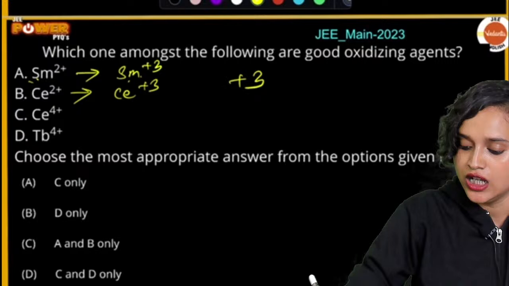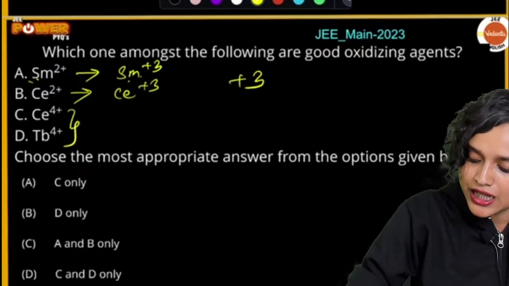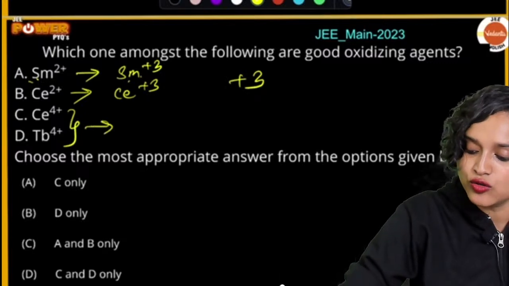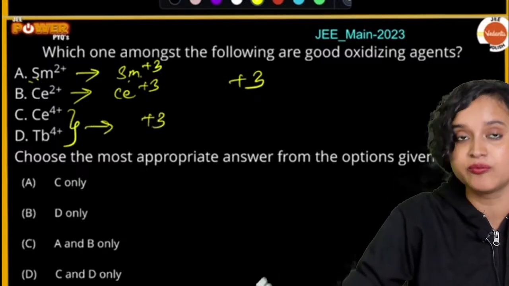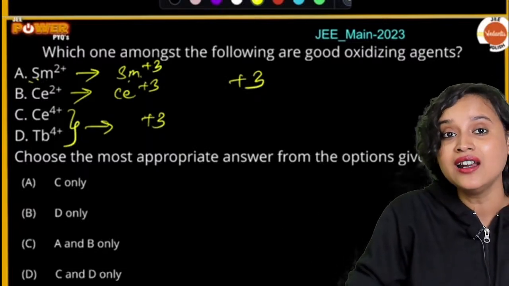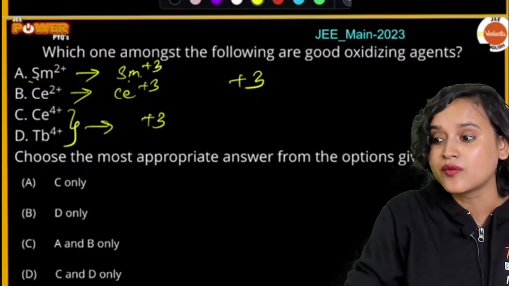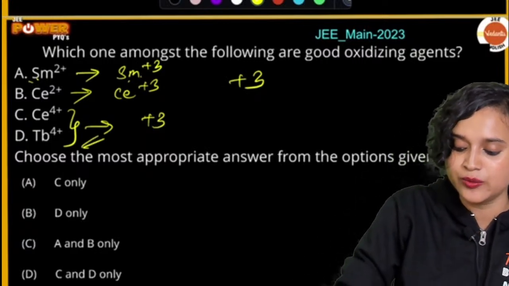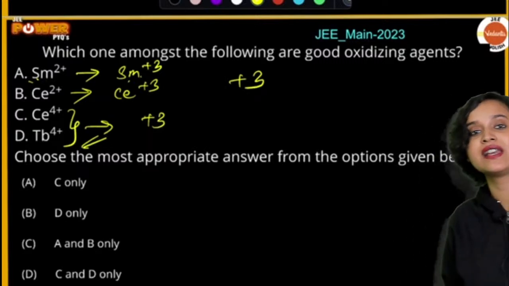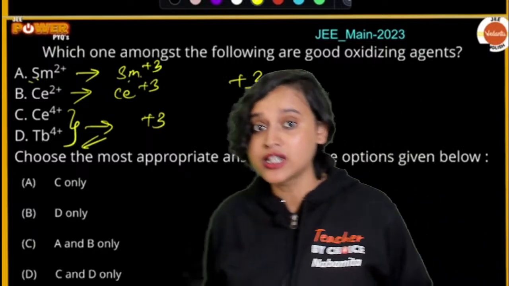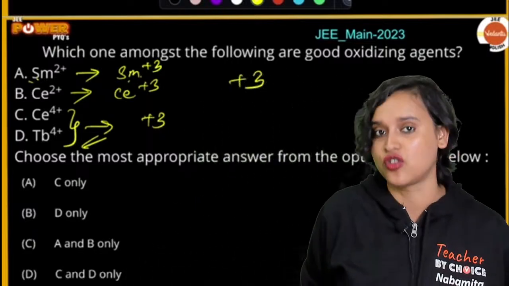Not gonna work out. But for both Ce +4 and terbium +4, these two will try to go to the common oxidation state of +3, and while doing that, these two are going to be better oxidizing agents. Because they are gaining electrons right now.